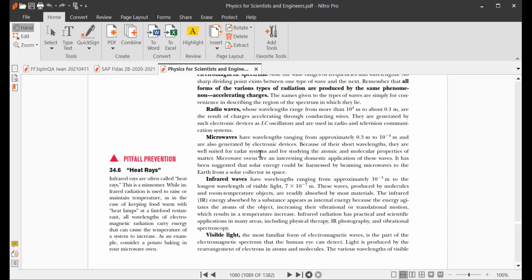Microwaves are also used for heating food or meals in the household, using wavelengths around this range.